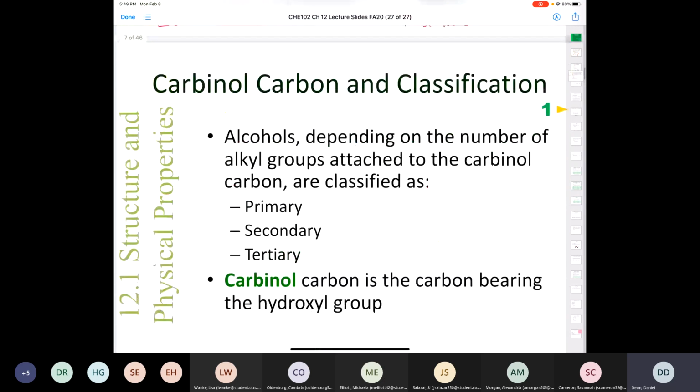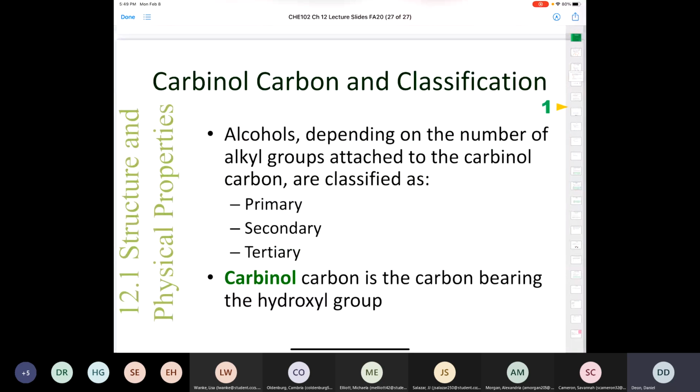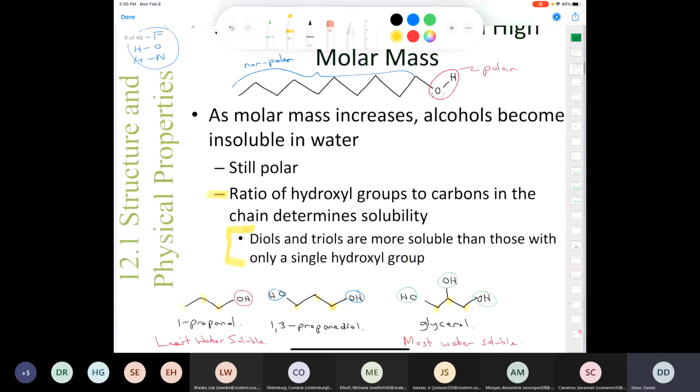Nothing more than that. Let's switch gears for a second and talk about what's called a carbonyl carbon. It's a word you have to know. A carbonyl carbon is the carbon bearing the hydroxyl group. Let me back up and show you some carbonyl carbons. If we go to this slide here, the carbon that is attached directly to the oxygen is a carbonyl carbon, right?